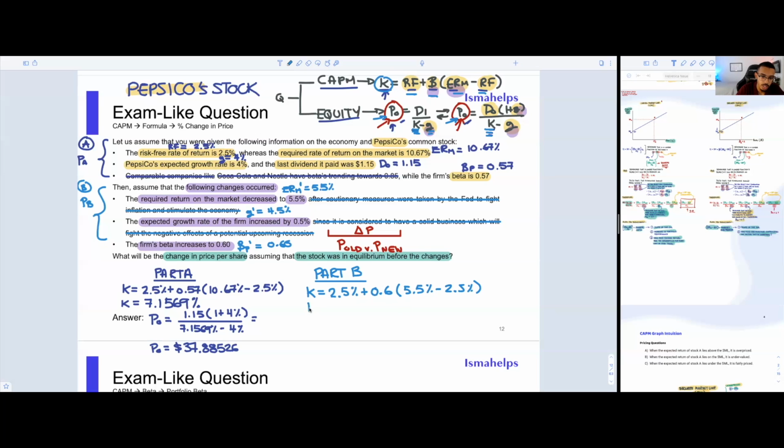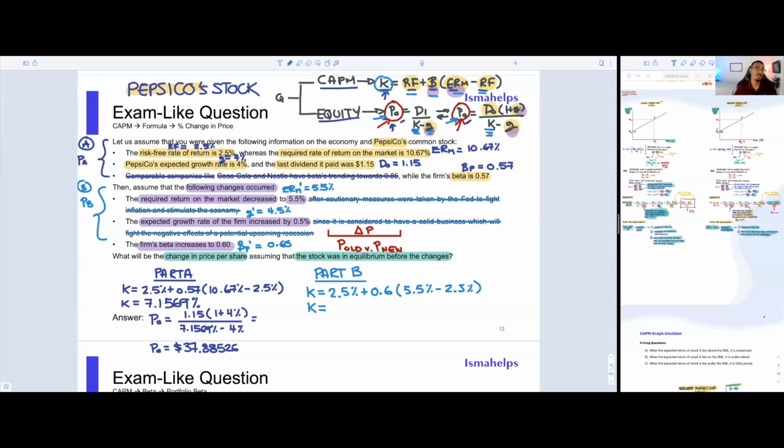Such that our K, and this time as well, I'm going to have to plug it in. I really apologize for it being kind of slow like that, but it'll all be worth it. So once again, we know that it's 2.5 plus 0.6 times 5.5 minus 2.5.